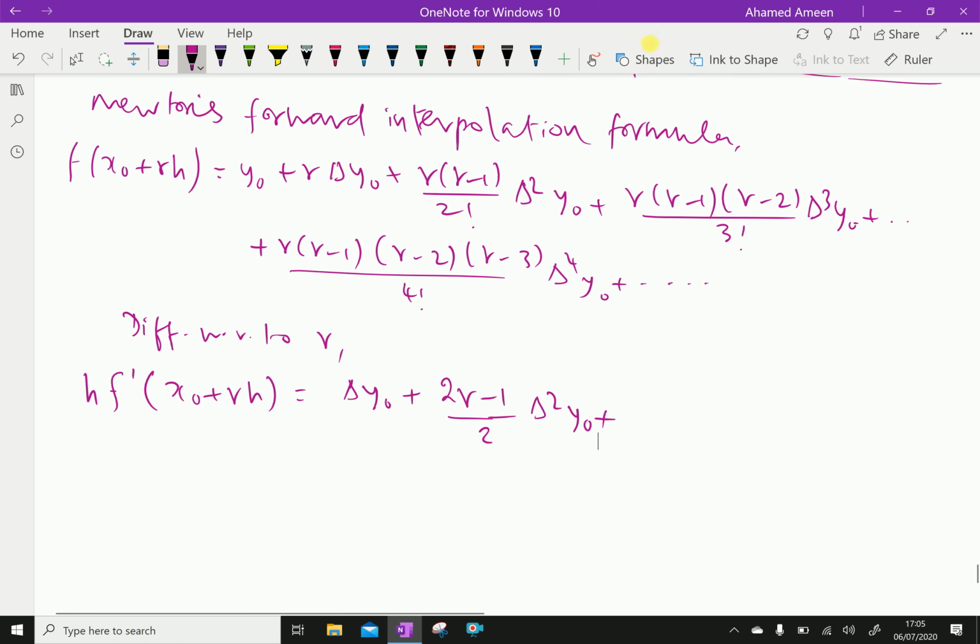Like here r into r minus 1, r minus 2 over 3 factorial into delta cube y0.